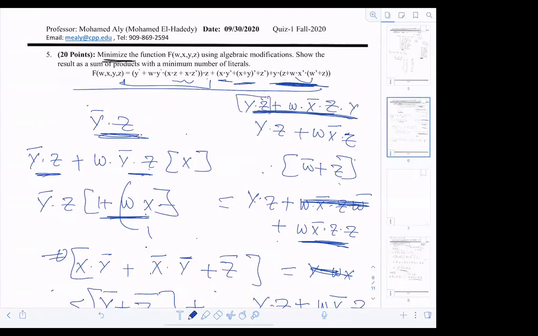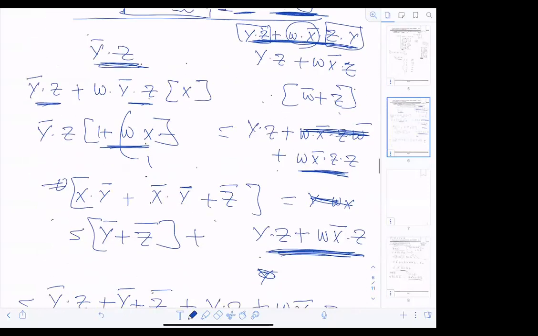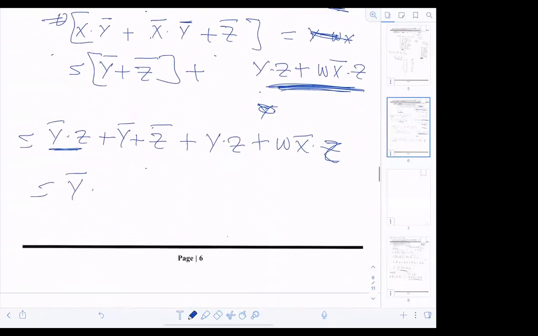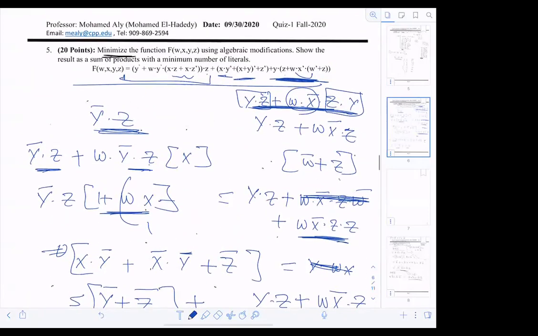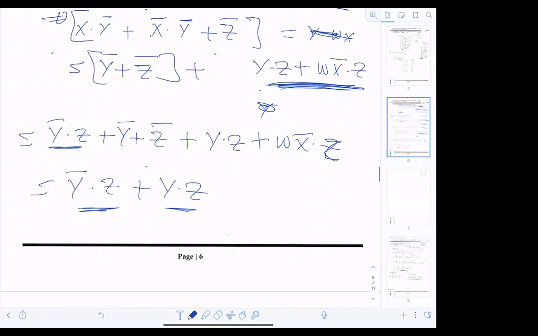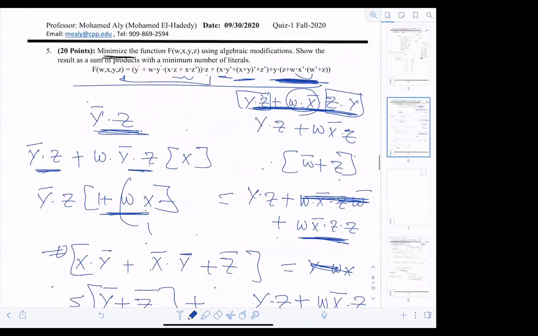But then this YZ is going to take this out, right? So everybody agrees with me? So basically we have Y complement Z, and we have YZ. Do you see what I did? So that came from here, and that came from here. Then Y complement cancels and it's just Z. Now it makes sense?